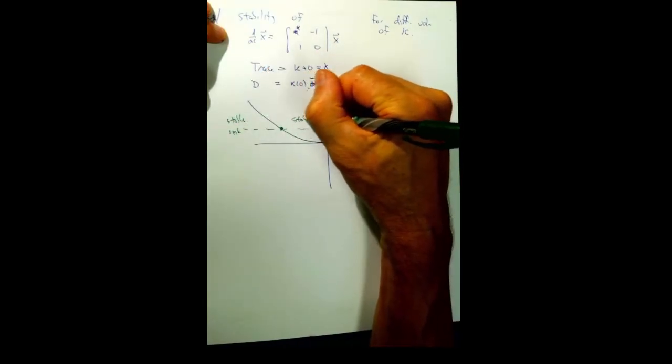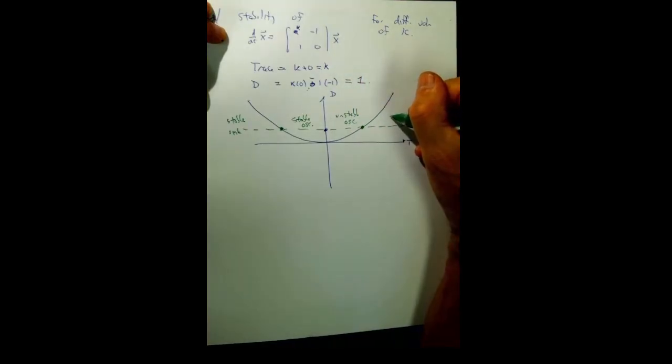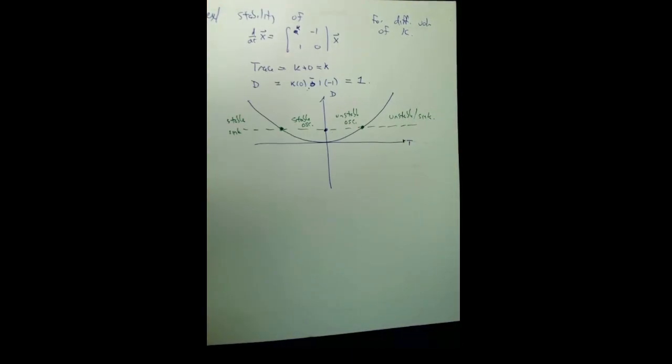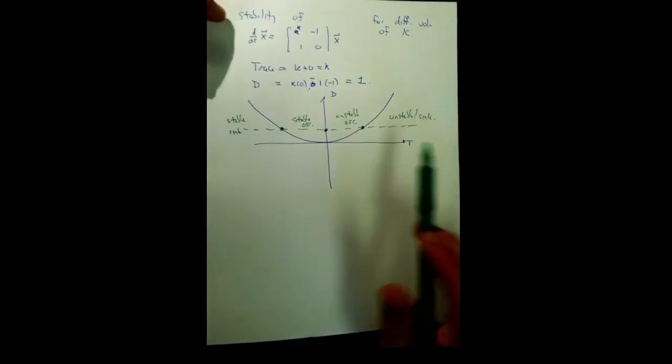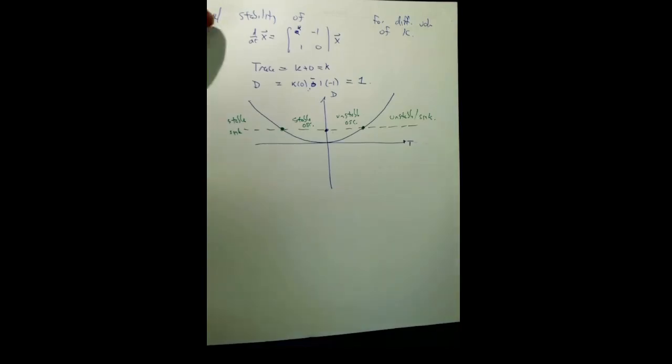Here it's going to be stable oscillations. Here it's going to be unstable oscillations. And this is going to be an unstable sink where both eigenvalues are positive. So the question is, if you give me a value of k, do I fall in here, here, here, or here? So let's see. Let me figure out what's going on.